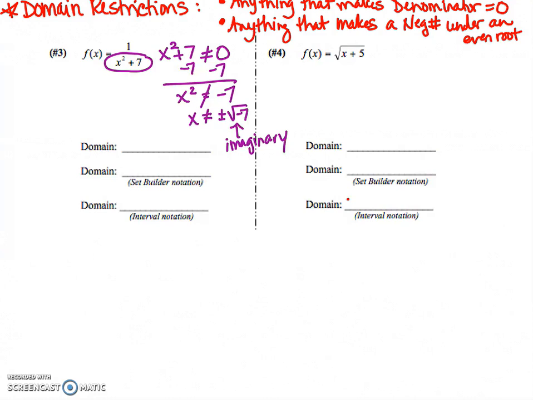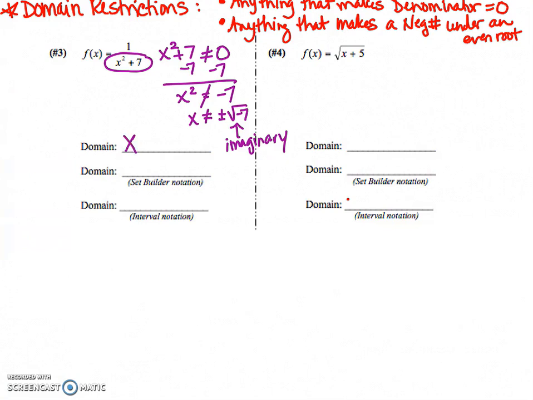is imaginary. So what this tells me is I could plug any real number in for x because I'm squaring it in the denominator, and even if x is a negative value, when I square it, I'm going to get a positive number no matter what. Then I'm always adding 7 to it. So no matter what value you plug in for x, you're always going to end up with a non-zero value in your denominator.